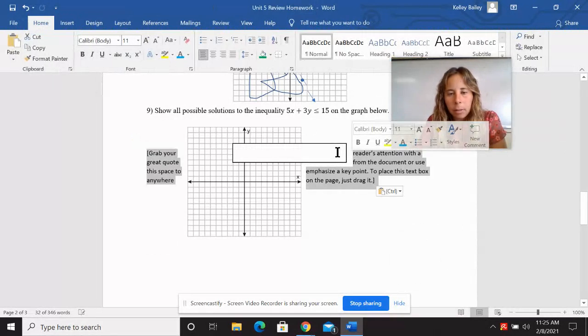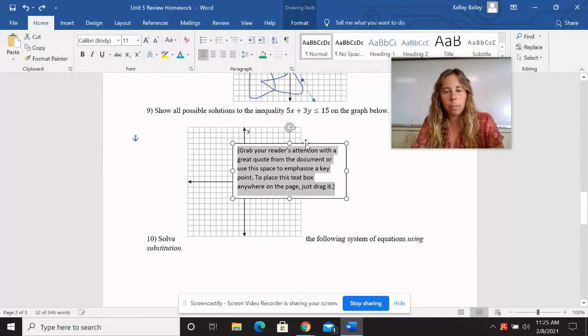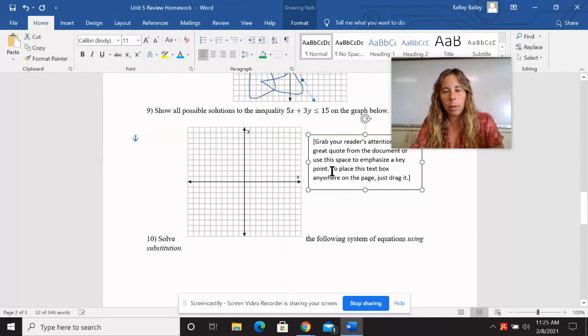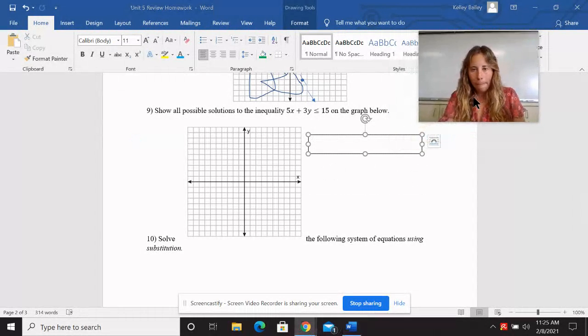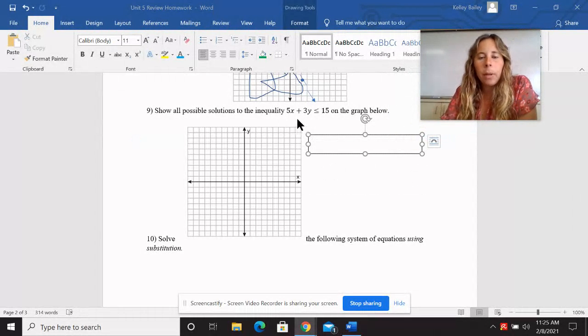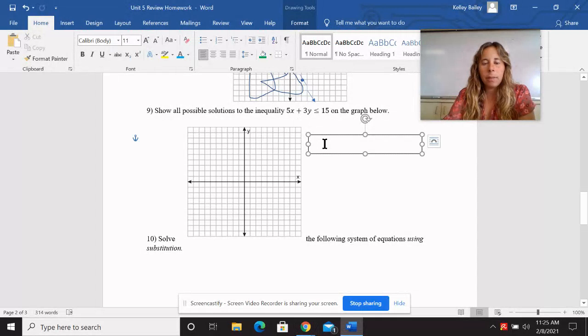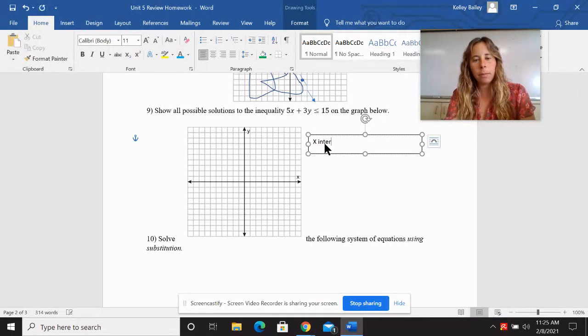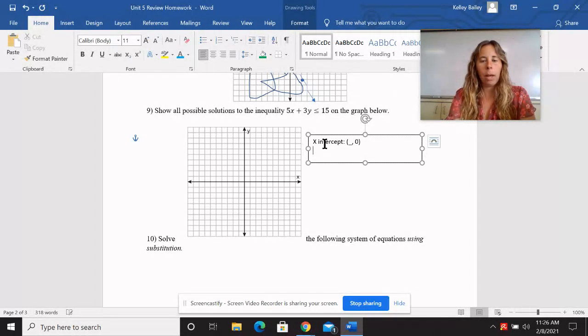Perfect. Okay. I'm going to graph it using my x and y-intercepts. So my x-intercept is where y is 0. So we don't know what x is, but we know y is 0. So let's substitute 0 in for y.